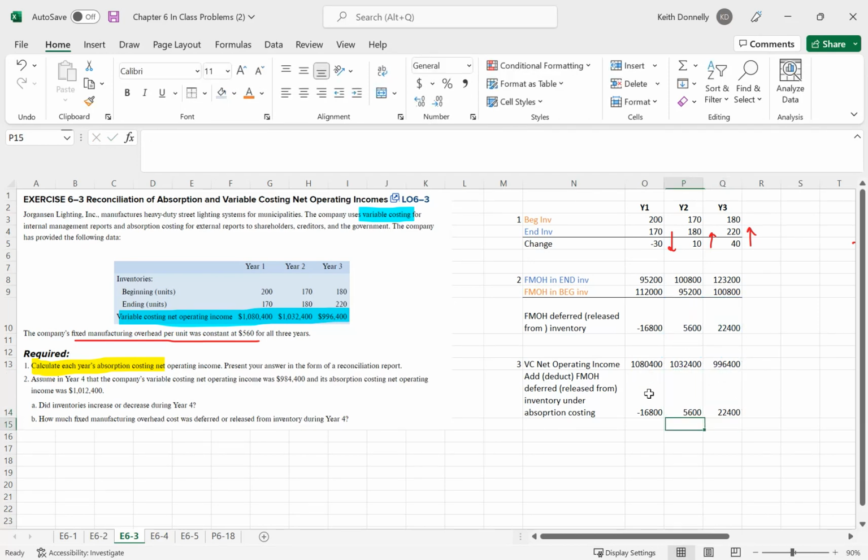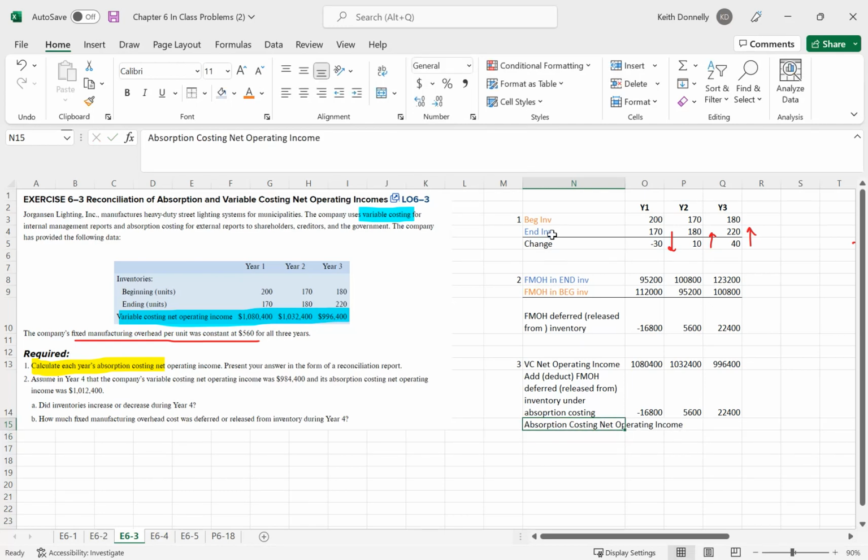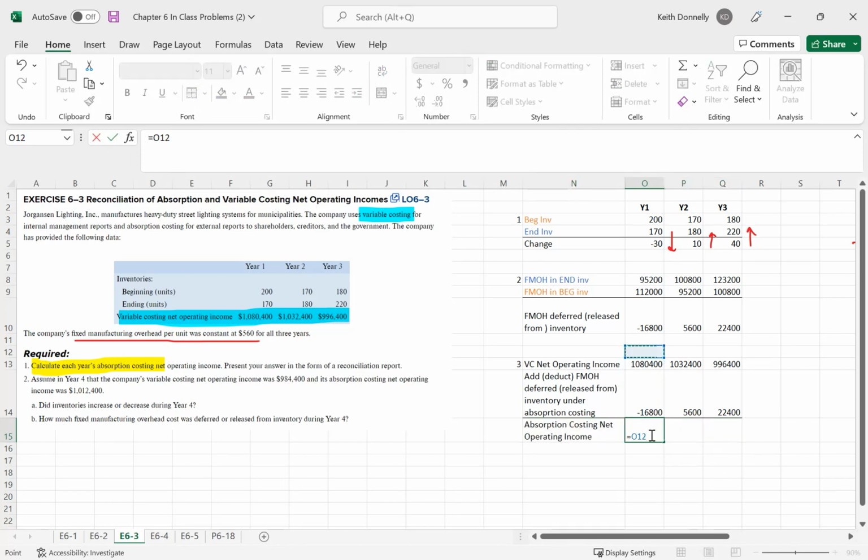Right, up here. This is going to get us our absorption costing net operating income. Let me do this. It's going to be this 108.